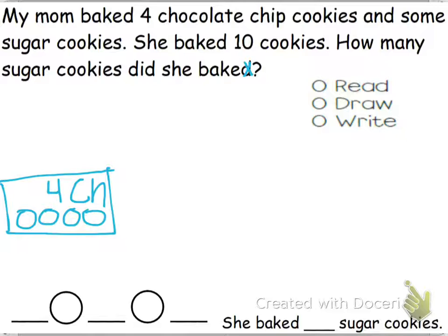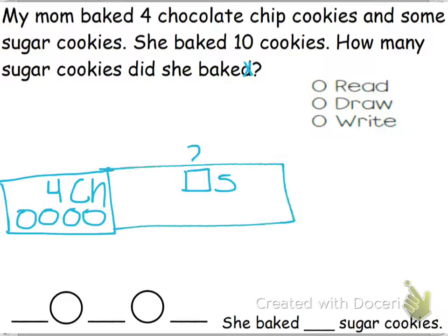Okay, that's going to be important for you to know whenever you're doing your tape diagram. Okay, so let's continue to chunk. And some sugar cookies. Do we know how many sugar cookies? No, we don't know how many. So I'm putting S for sugar or some, and then do my mystery box. She baked 10 cookies. Can we draw something? No, but we can label because 10 is our whole.